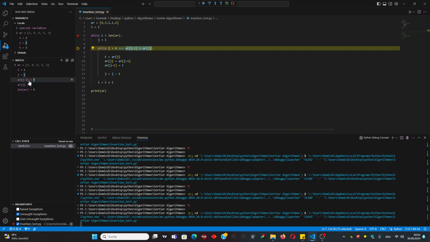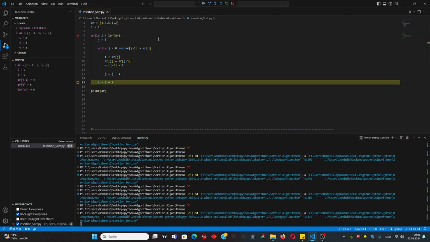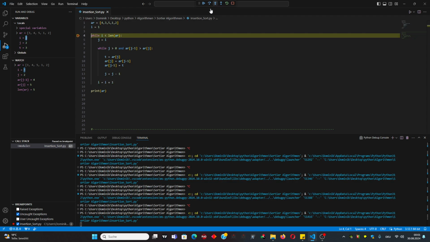So that means AR[J minus 1] is not higher than AR[J]. So we will immediately jump to line 15, increase I by 1, and compare again, and I is lower than the length of our list.